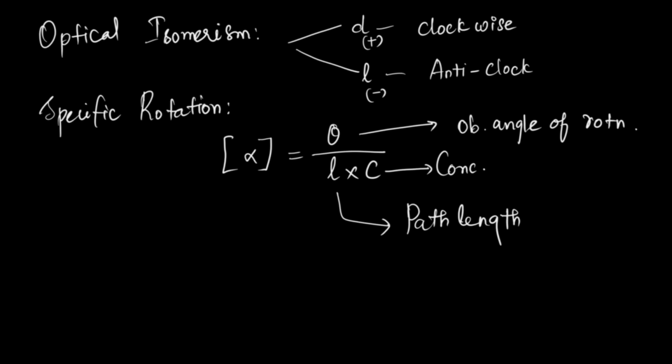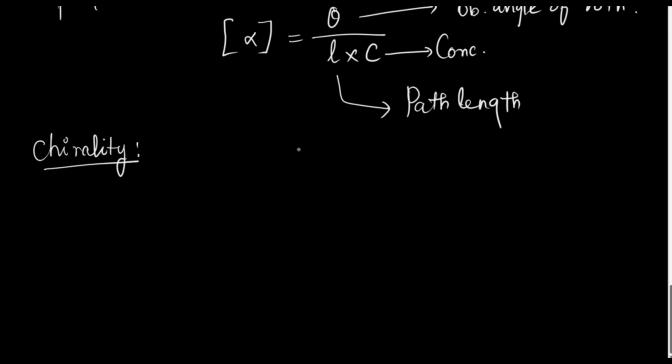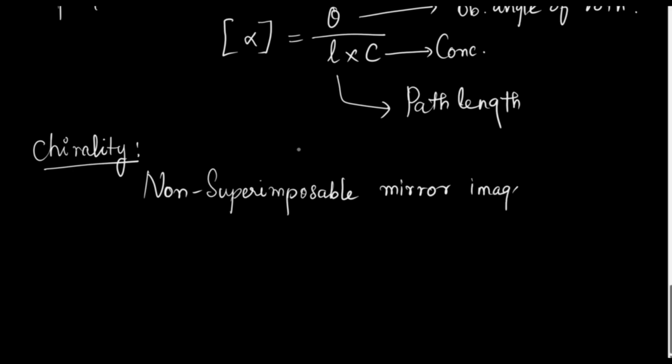And now let's move on to another important part, that is chirality. What is chirality? A compound which is not superimposable to its mirror image is called chiral. While a compound which is superimposable to its mirror image is called achiral.